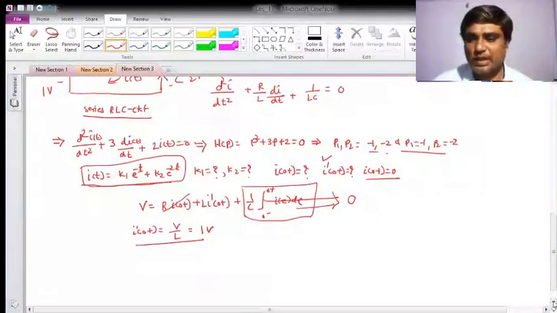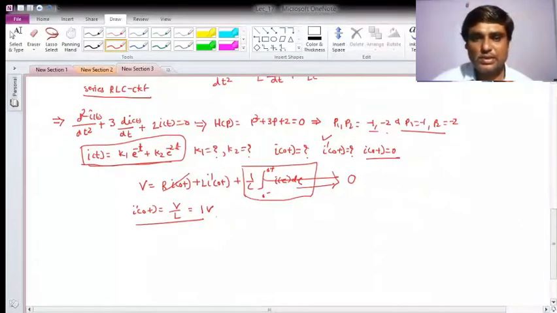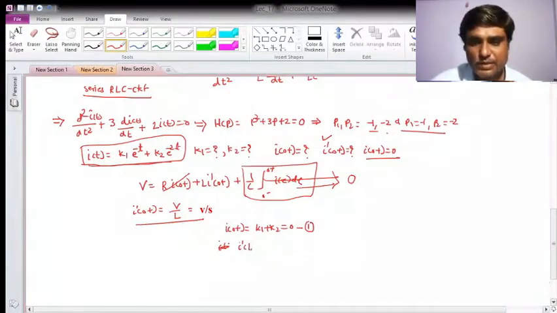Now I of 0 positive, if I evaluate it, will be k1 plus k2, which is 0. This is my equation, and to get I dash of t, it will be minus k1 e raised to minus t minus 2 k2 e raised to minus 2t.